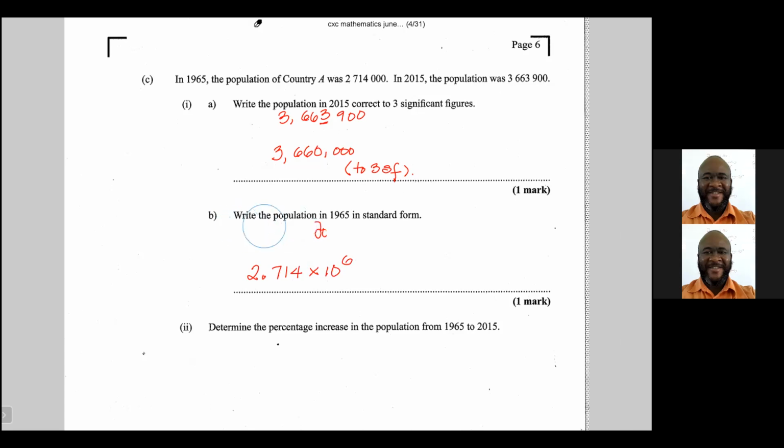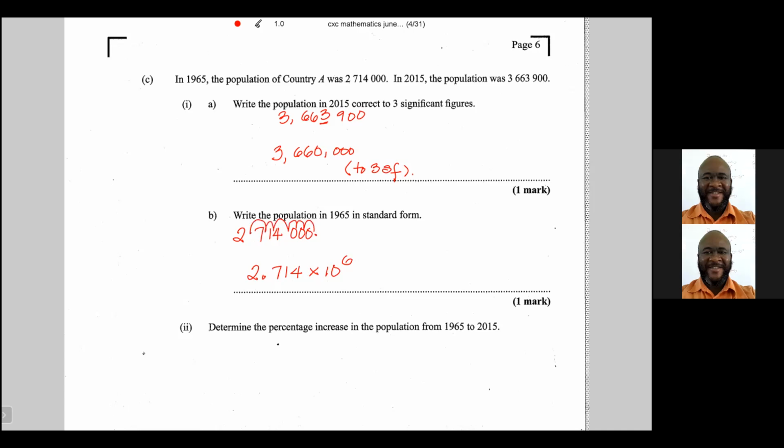All right, so this is not so clear. Let's write it clearer. We have 2,714,000. The decimal point is here. We have to move it 1, 2, 3, 4, 5, 6 to get it between the 2 and the 7.